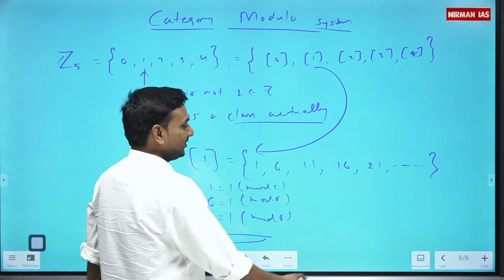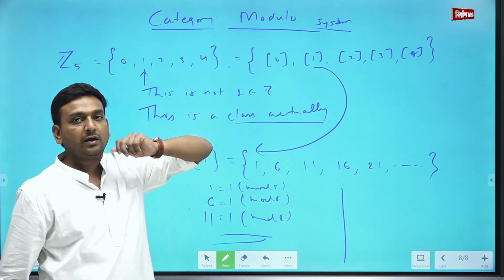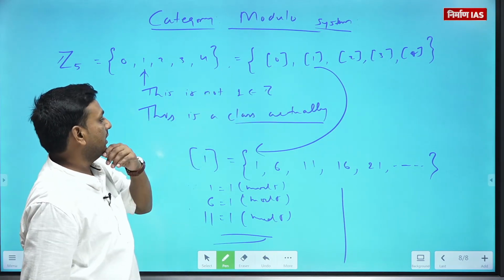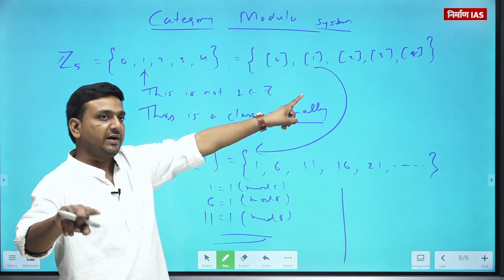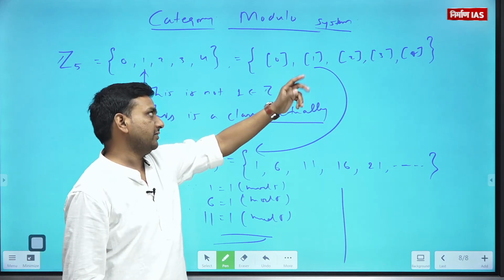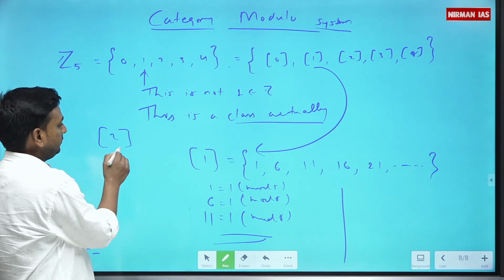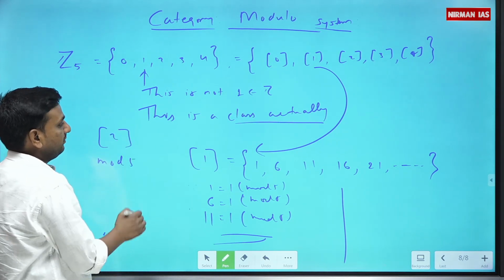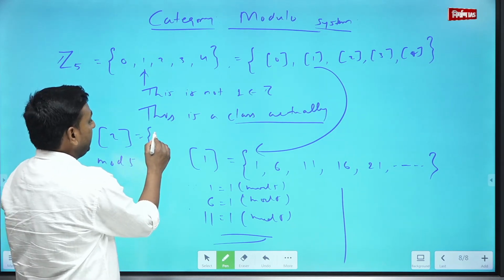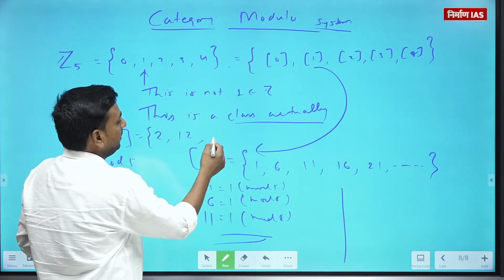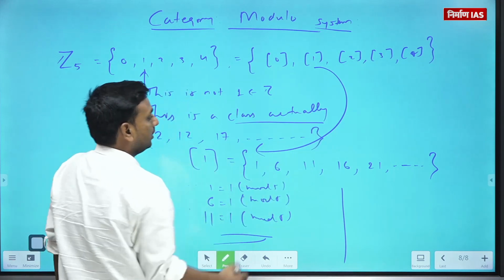When I say this modulo class 1, they say after dividing any number, if 1 remains, then that number will come inside this class. So for example, if I ask what is the class 2 with modulo 5, this class itself will contain 2, 7, 12, 17, and so on.